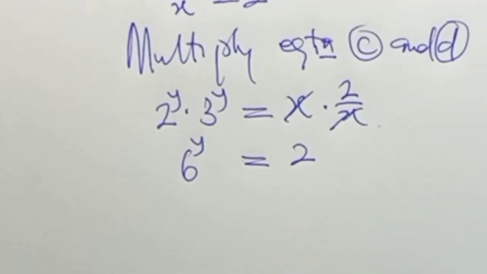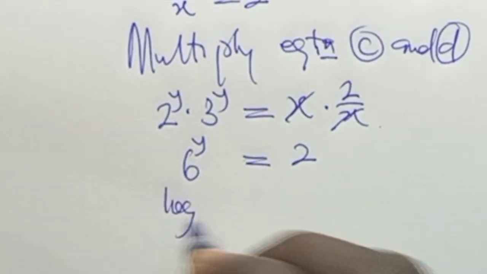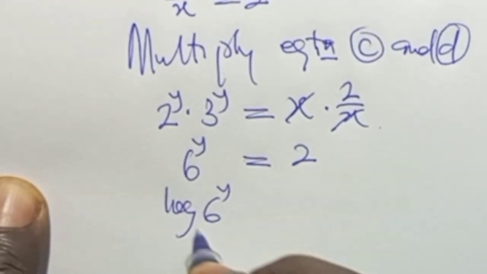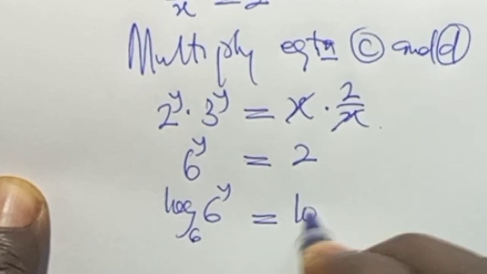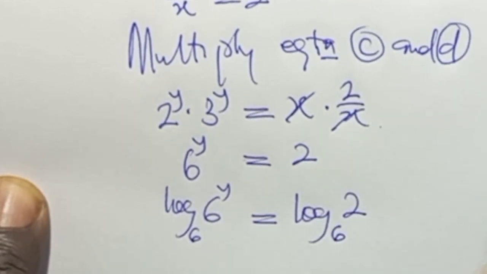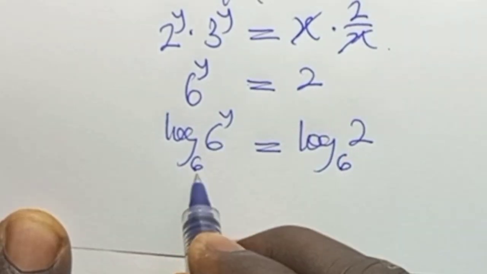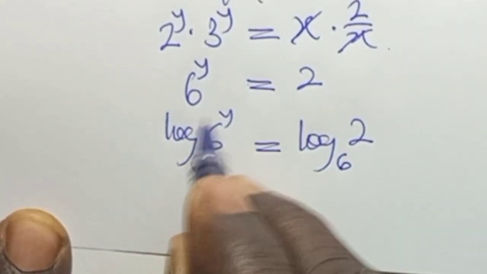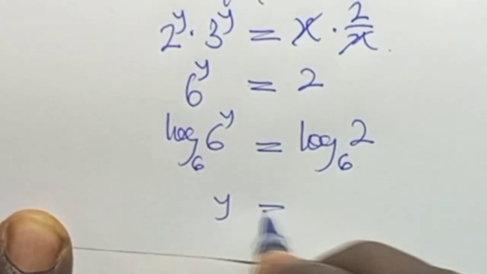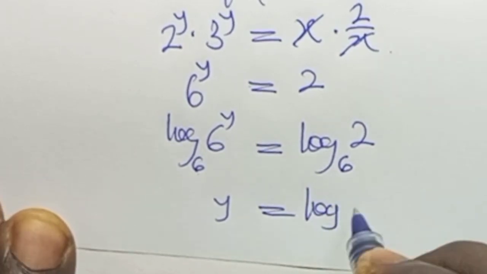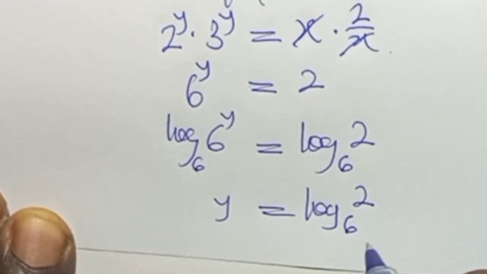And we're going to take the log to base 6 on both sides. That is, log 6 to power y to base 6 equals to log 2 to base 6. And log 6 to base 6 is 1. So what is left on this part is y equals to log 2 to base 6.